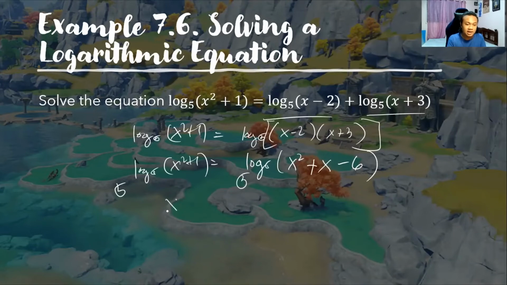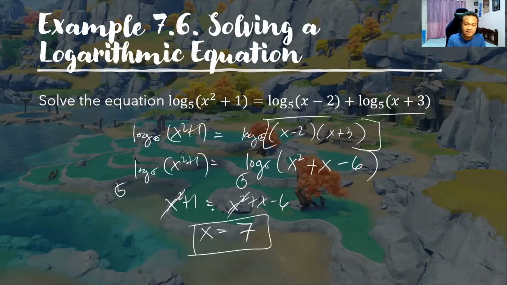Para mabili na lang is x squared plus 1, and then x plus na. Diba? So, cancel na siya. Nabilin sa to is x is equal to 7. Diba? Bahin lang siya ng 6 dito sa pikas. Para 7 na rin siya. So, yan na siya. Okay?